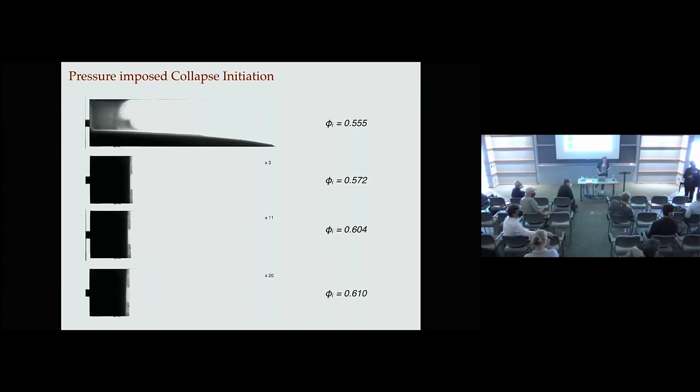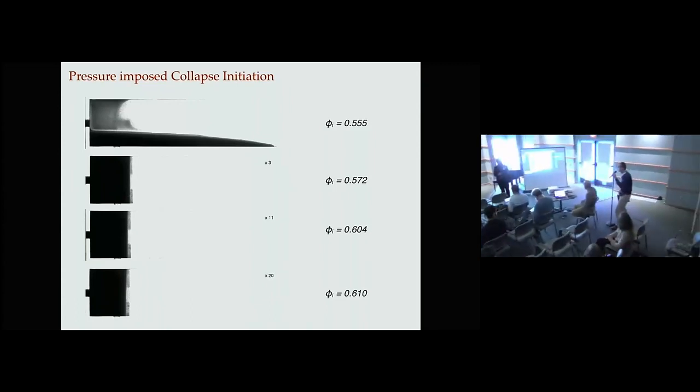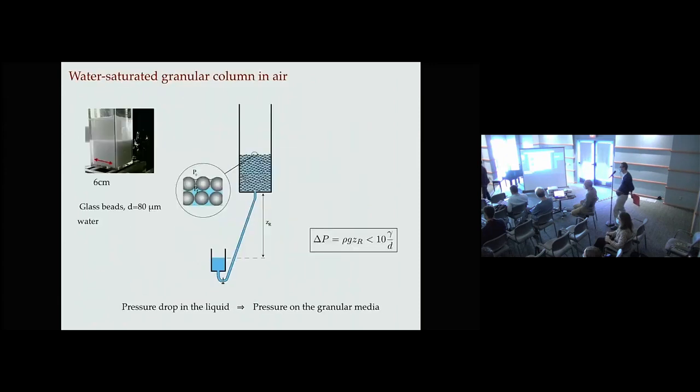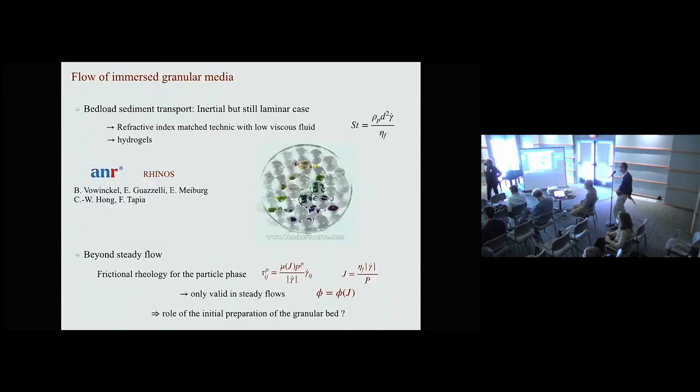You told us that in order to retrieve the parabolic fluid profile, it was necessary to have the right granular rheology. How does the granular rheology translate into having or not having the parabolic profile?